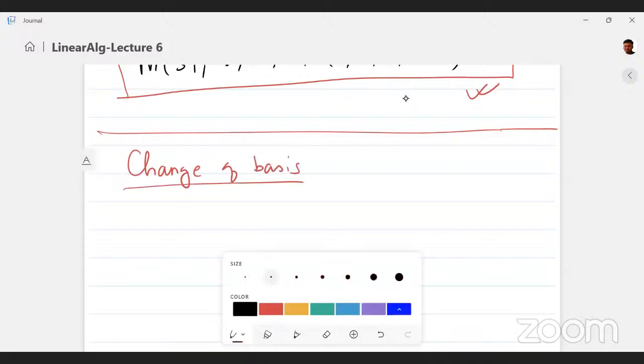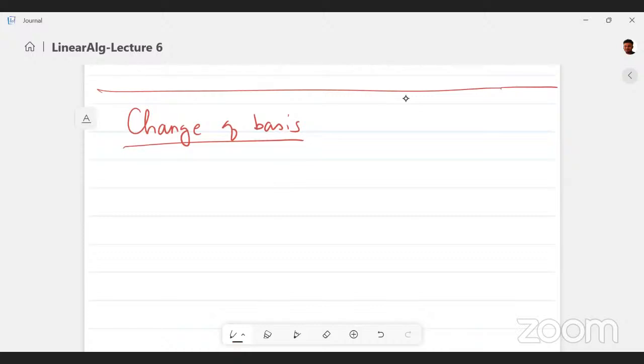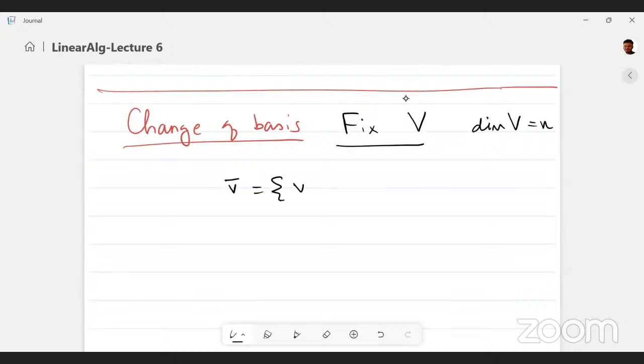From now on we will fix the vector space V, which has dimension n. I can fix a basis v bar, v1, etc., vn.